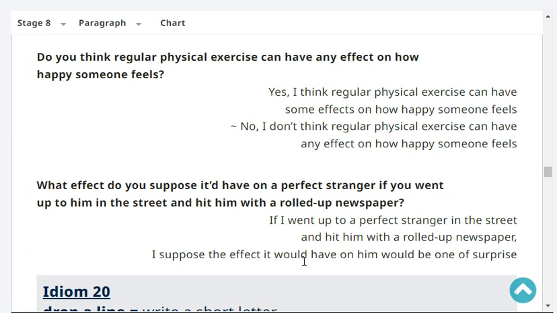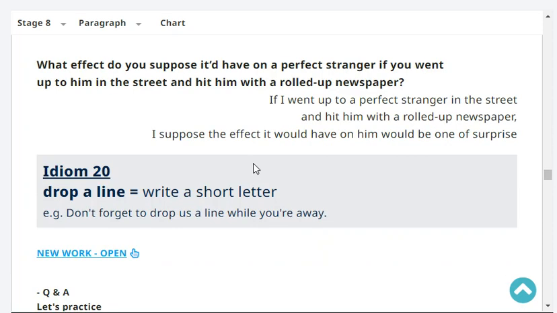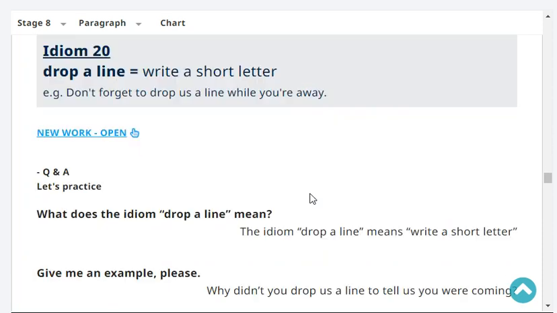If I went up to a perfect stranger in the street and hit him with a rolled up newspaper, I suppose the effect it would have on him would be one of surprise. Very good.